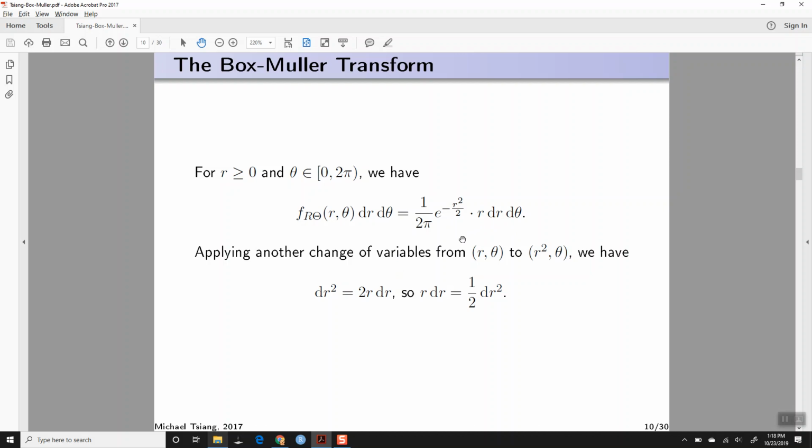We're going to do another change of variables, where we go from r and theta to r squared and theta, because what we're trying to do is get these things to be uniform, right? r can be any positive value because it's the radius measure, and theta can be any value between 0 and 2 pi. So d of r squared is 2r dr. So r dr becomes 1/2 d of r squared. So we're going to just replace r dr with 1/2 d of r squared.